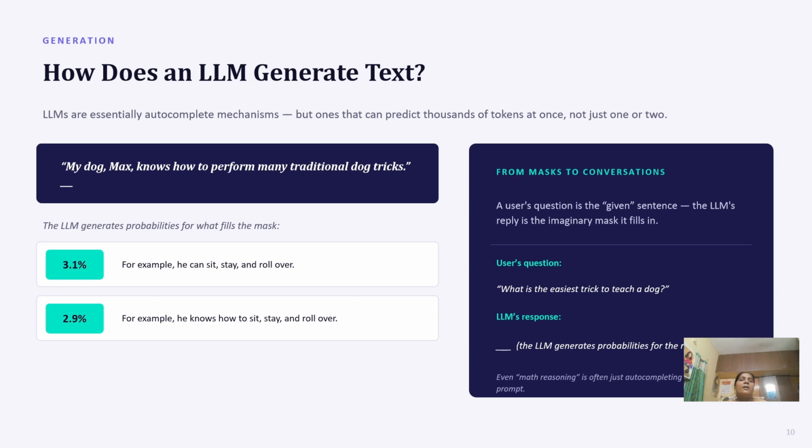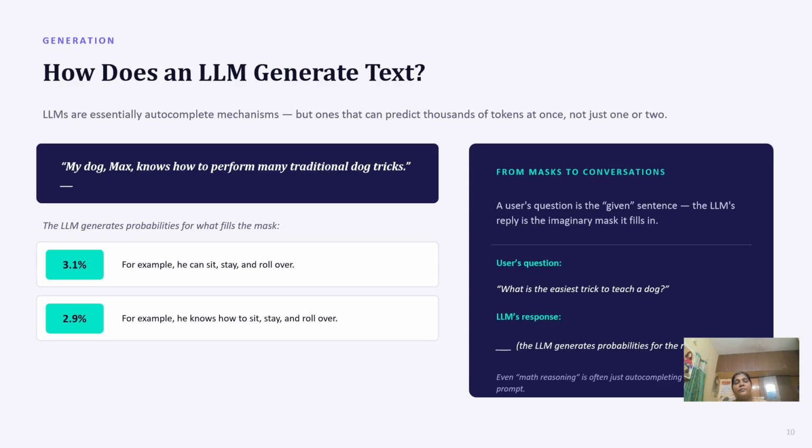Given an input sample, "My dog Max knows how to perform many traditional dog tricks," what fills the mask? The dash, that is, the many traditional dog tricks. What they do, they can sit, stay, and roll over, and all that. These are the activities of a normal traditional dog.